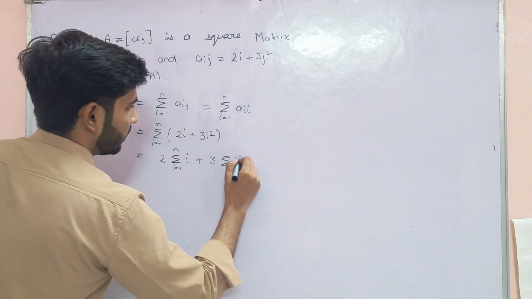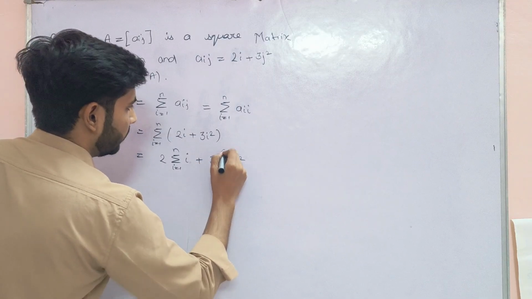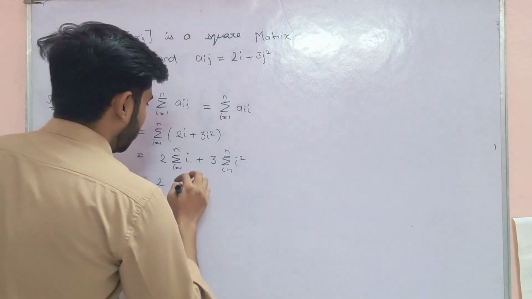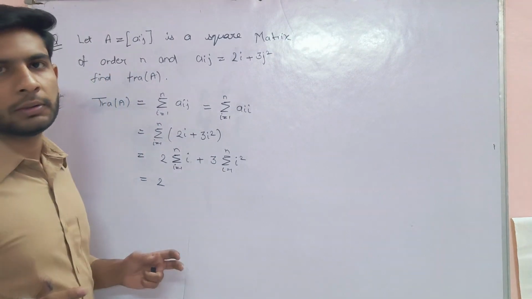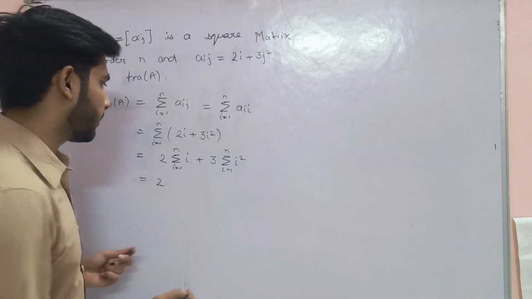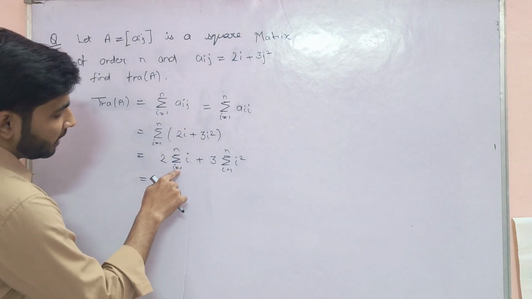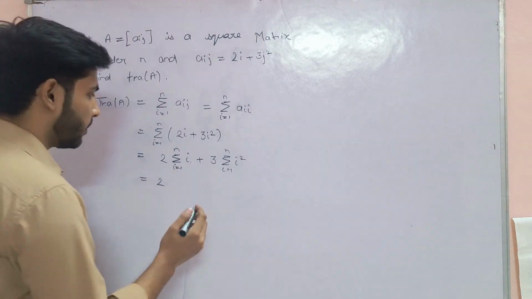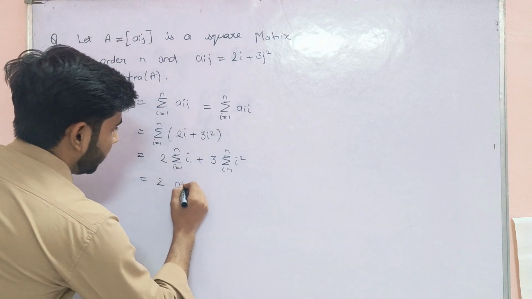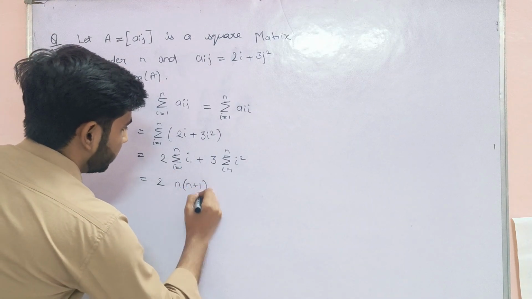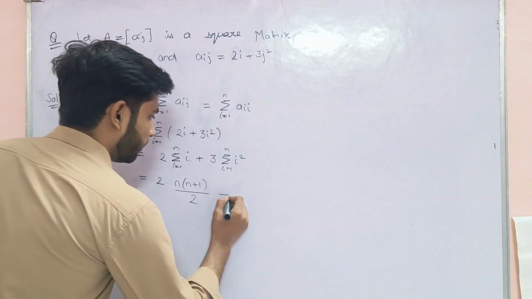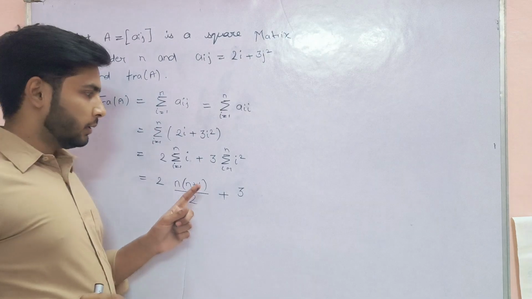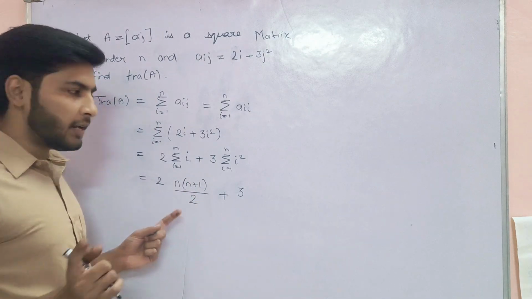Summation i squared from 1 to n equal to 2, and we already know the sum of the first natural numbers, because here summation i goes from 1 to n of i, it is the sum of the first n natural numbers. So we already know n(n+1)/2, and we also know the sum of squares of the first n natural numbers.